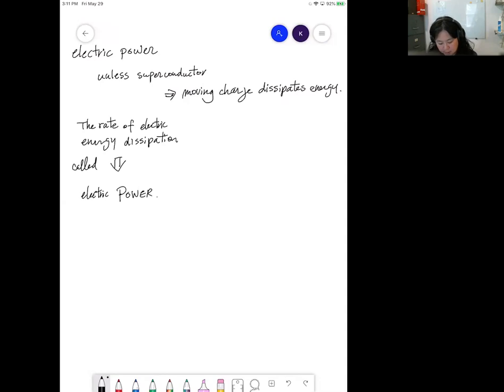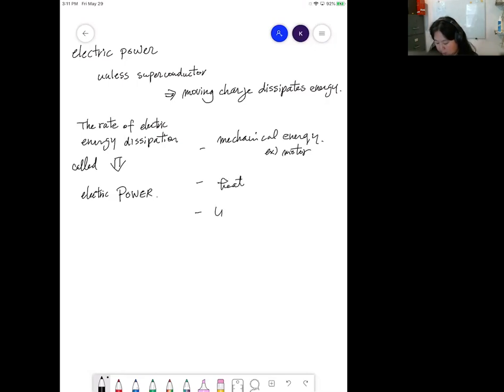And this work can be done mechanically, so it can be converted into mechanical energy, like turning the motor, or it can be converted into heat.